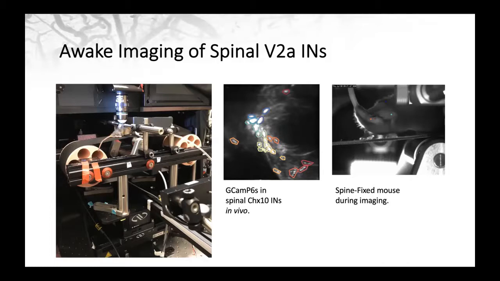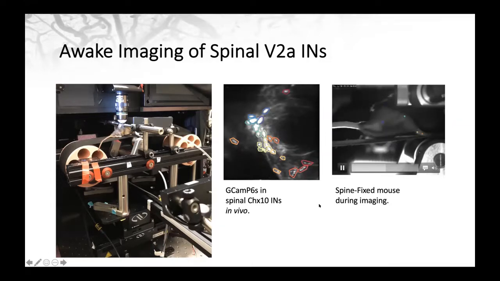We're able to cross our driver lines to the Ai148 or 162 to generate the GCaMP6 labels in the CPG neurons. We also have other neurons that we're looking at as well. And this is just an example of the labeled GCaMP6s Chx10 neurons.